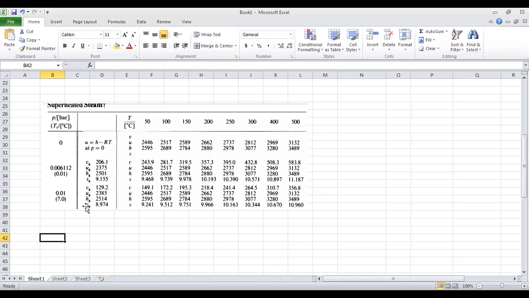Later I will share with you what saturated vapor values are. So let's see how these S values are calculated. Let me try this solution here.